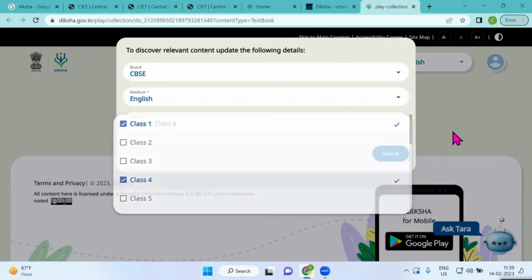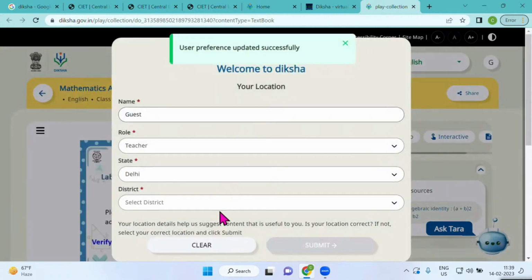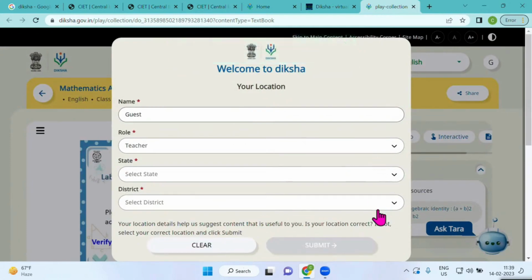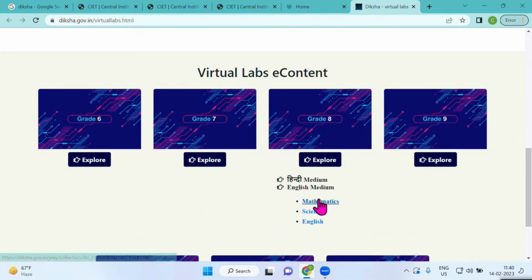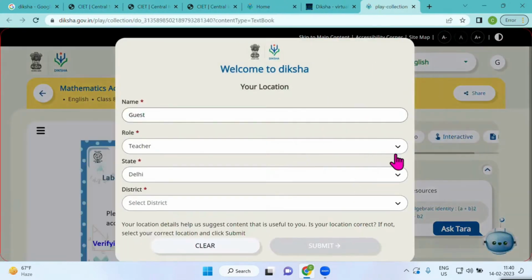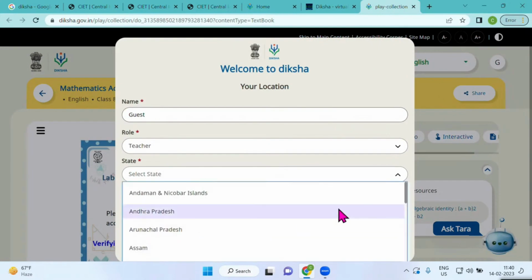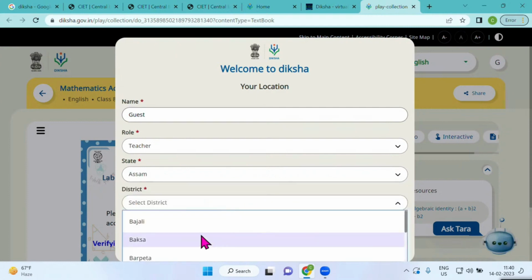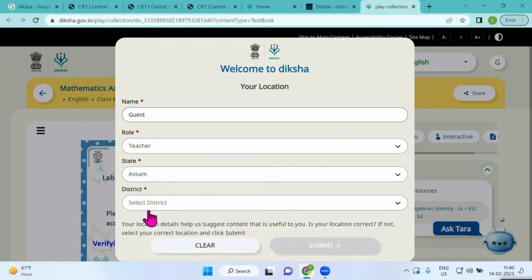Then I am selecting the state, and now I am selecting the district.